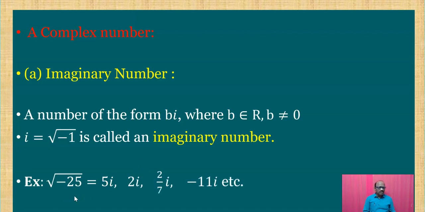The square root of 25 is 5, but here it is 25 into minus 1. Root of minus 1 means i. Therefore, the square root of 25 is 5 and root of minus 1 is i, and therefore root of minus 25 is equal to 5i. Next are 2i, 2 by 7i, minus 11i, etc.